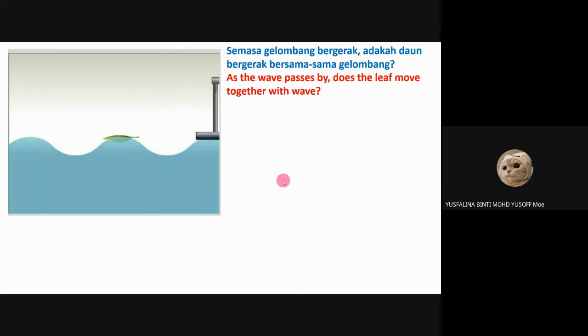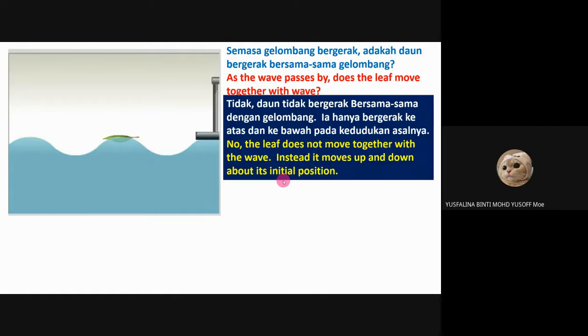So waves transfer energy. That's why it's still at the initial position. Only energy is transferred, not matter. As the wave passes by, does the leaf move together? No, right?